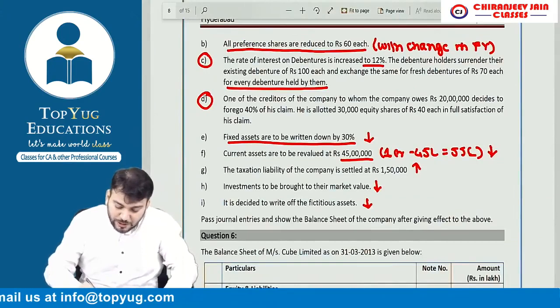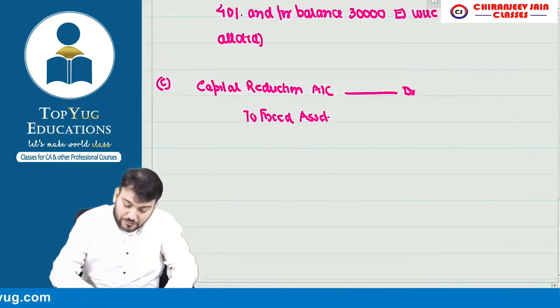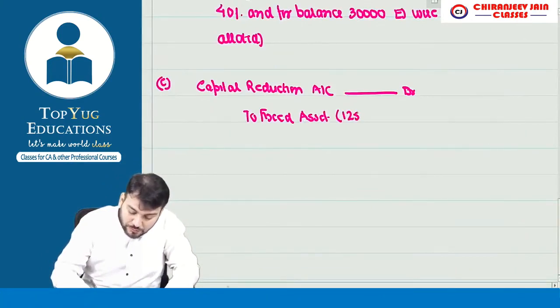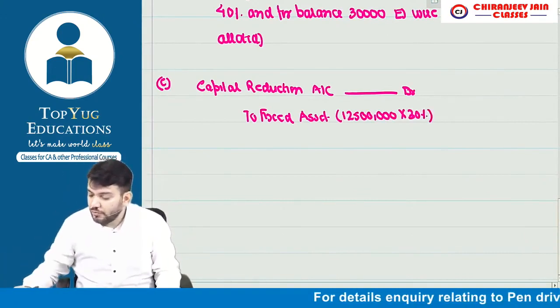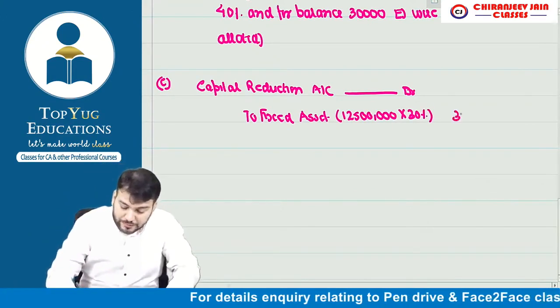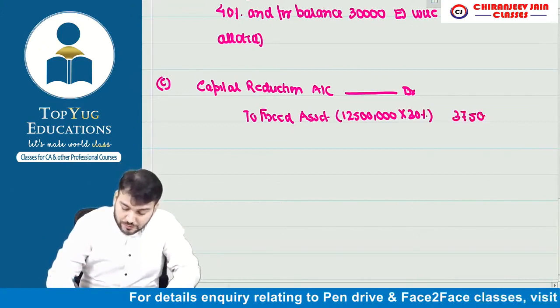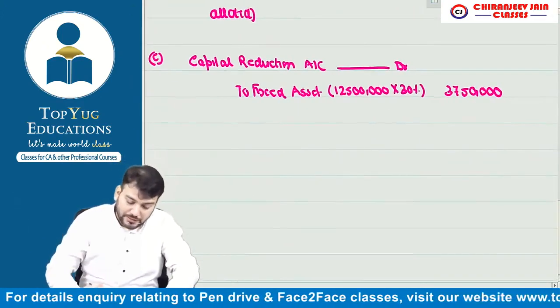Fixed assets need to be reduced by 30%. 30% of what? 1 crore 25 lakh. So 1 crore 25 lakh into 30% is equal to 37 lakh 50,000. Correct? Yes sir.